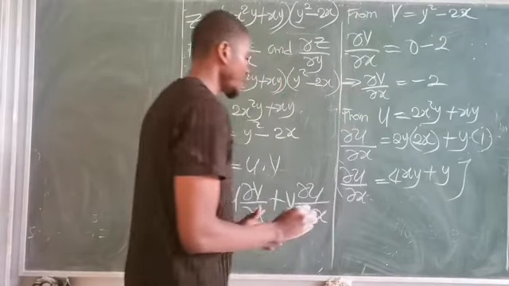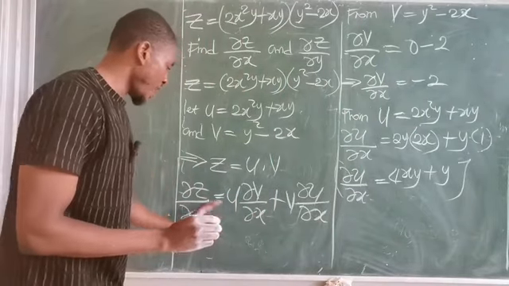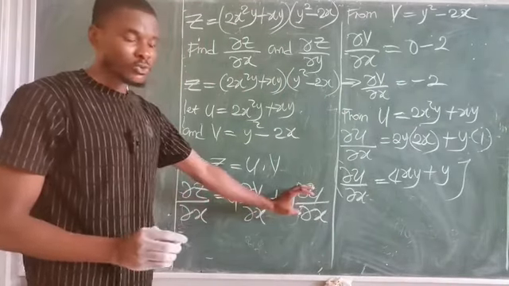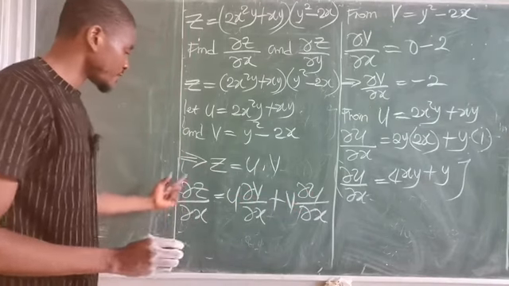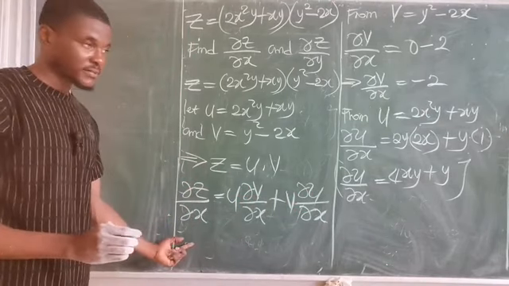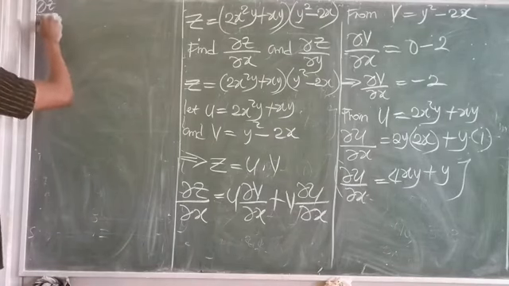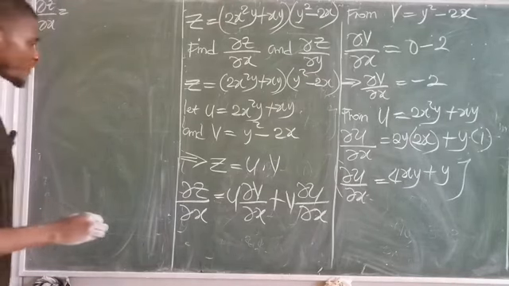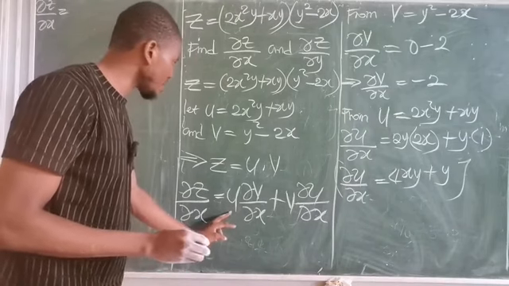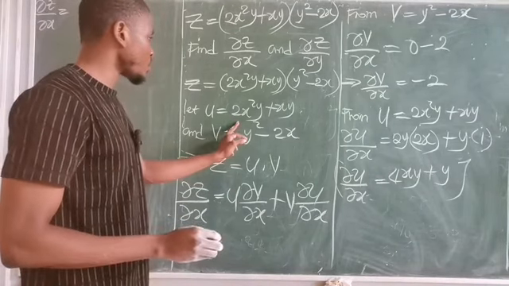So if I have du/dx, I have dv/dx, I can now plug into the formula for product rule and obtain the partial derivative of z with respect to x. All right, so partial z partial x is now equal to, first of all, we said keep u constant, and u is simply 2x squared y plus xy.